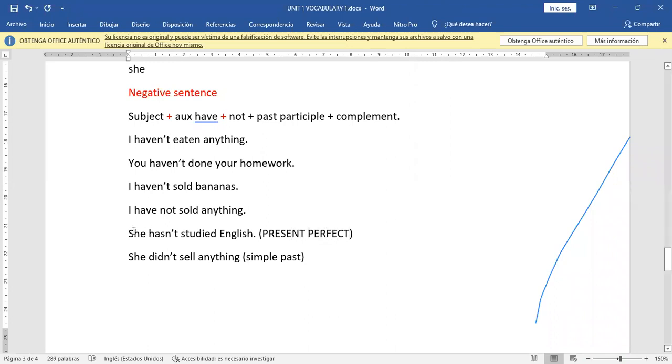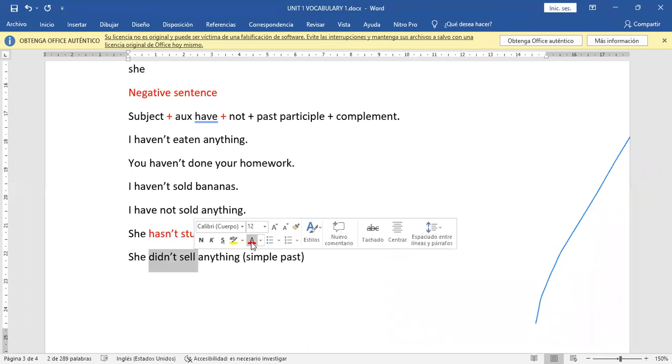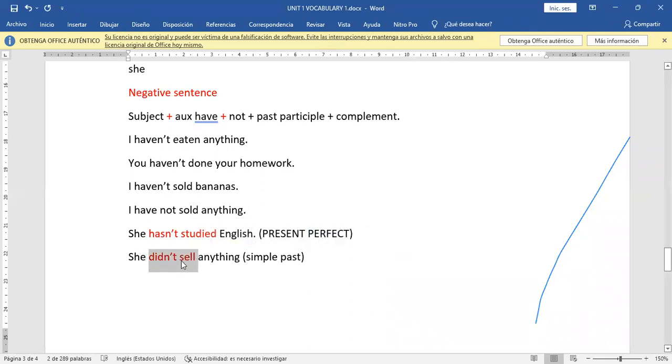Present perfect. "Ella no ha vendido." Didn't sell. "No vendió." La diferencia es que tenemos un uso fosilizado del present perfect.